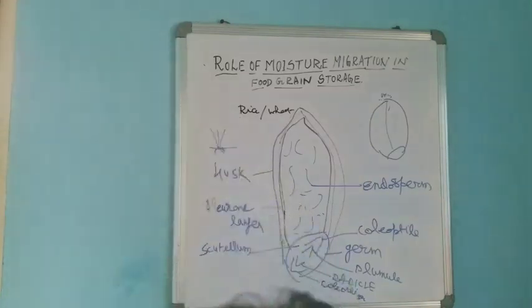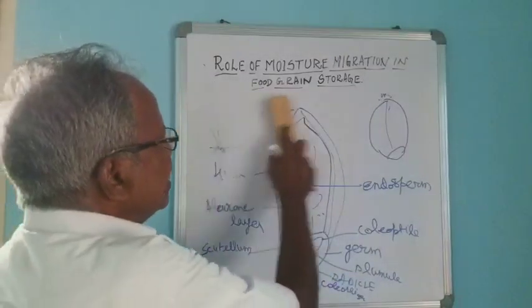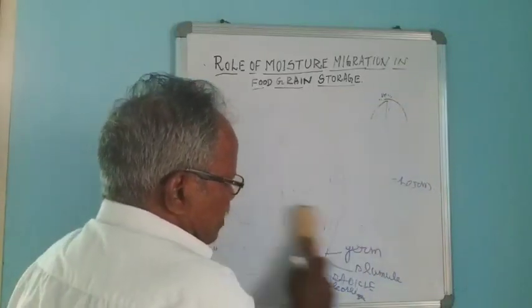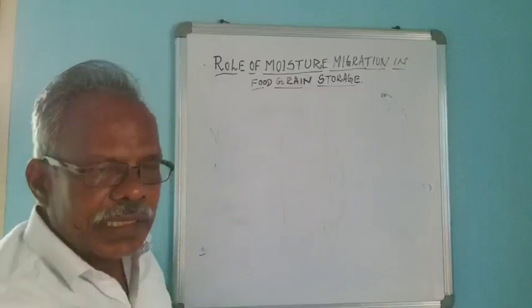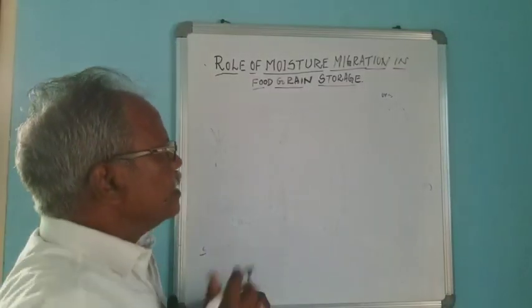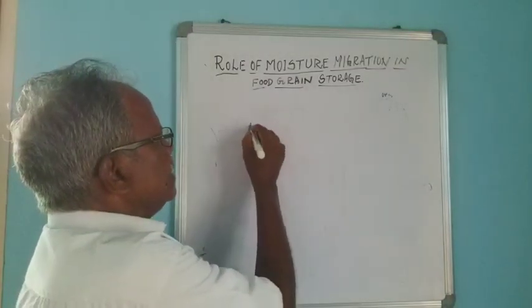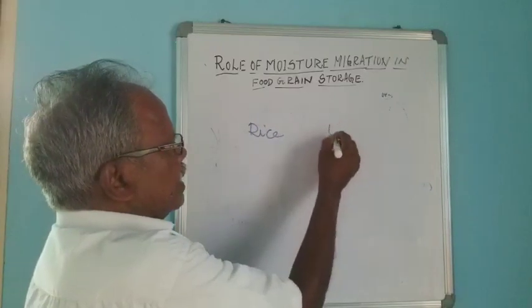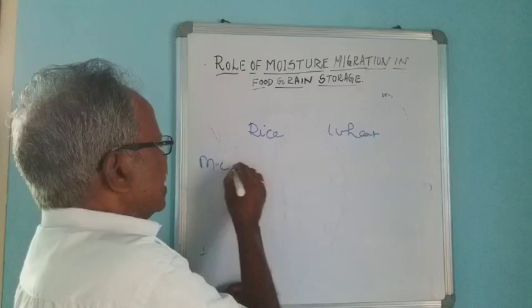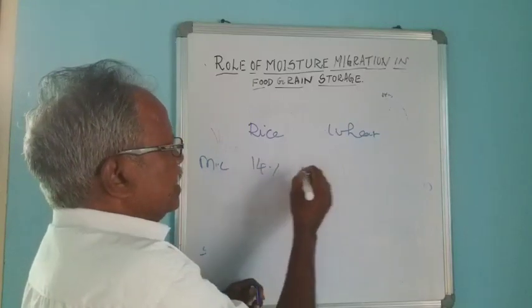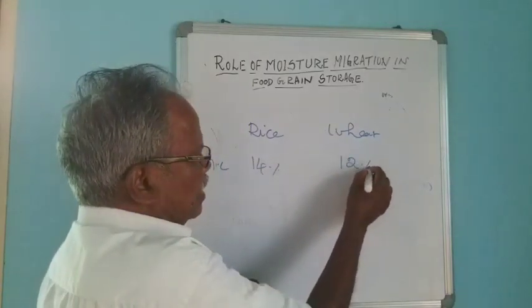Now we will see what the moisture content in the food grain is. In case of rice, the safe moisture content is 14%, and in case of wheat it is 12%.